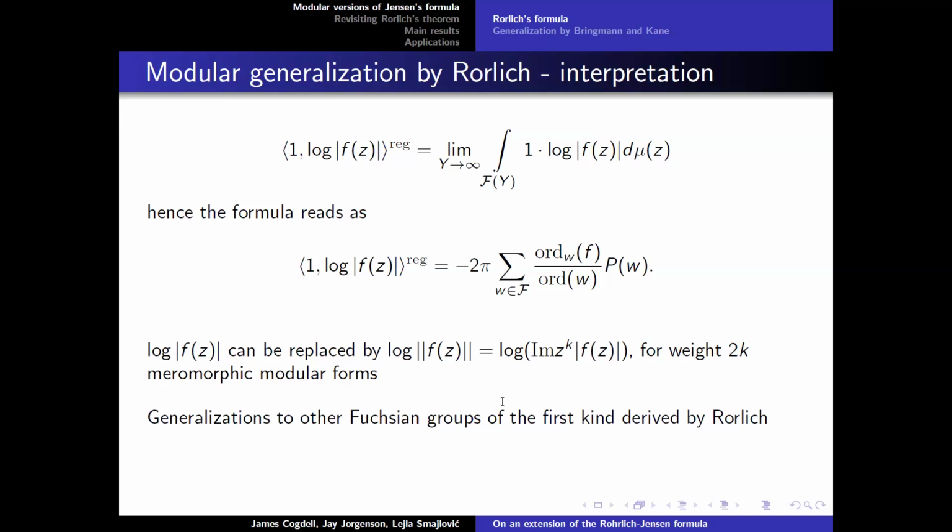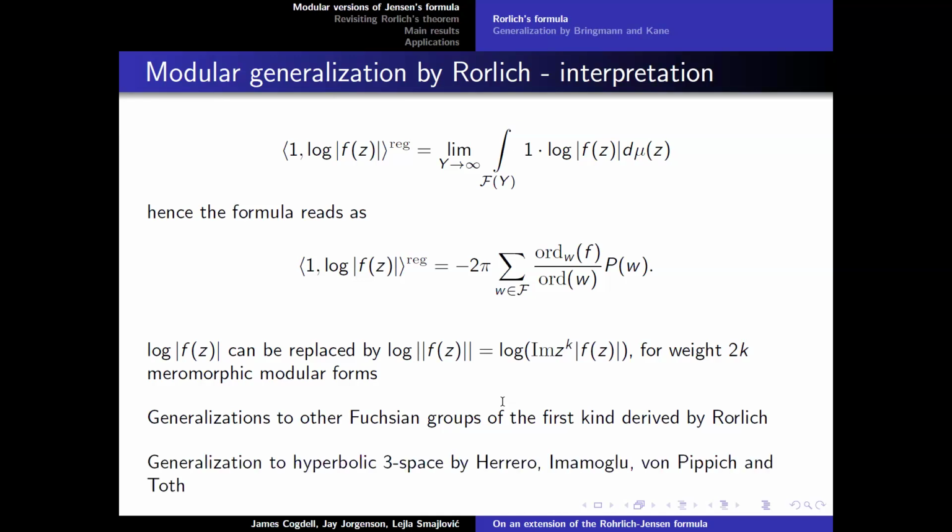And of course, there are generalizations to other Fuchsian groups, meaning Fuchsian groups other than the modular group, and they're all due to Rohrlich. And there are also generalizations, for example, to hyperbolic 3-space. There is a nice paper by Herrero, Imamoglu, von Pippich, and Toth regarding this topic.